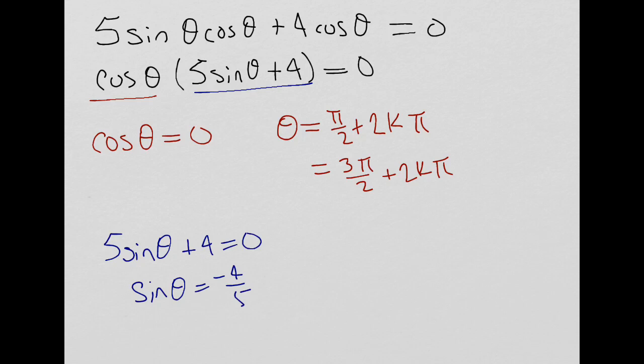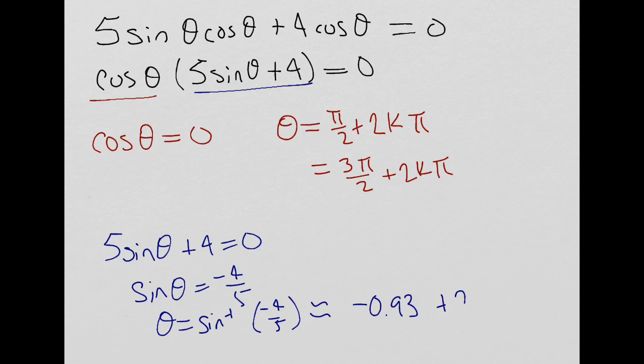Negative 4/5, unfortunately, does not have a nice representation, so we're probably going to have to go ahead and use an inverse trig function here. And we end up with this being about negative 0.93. So, what do I need to add to that?